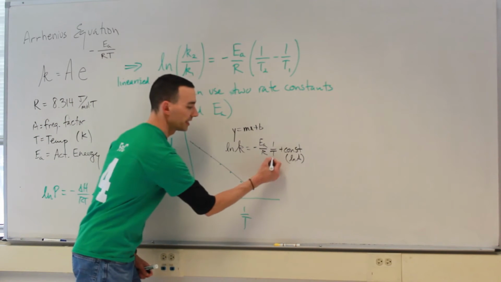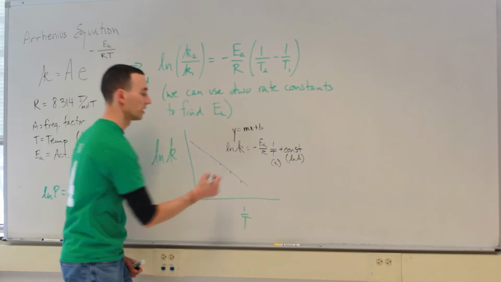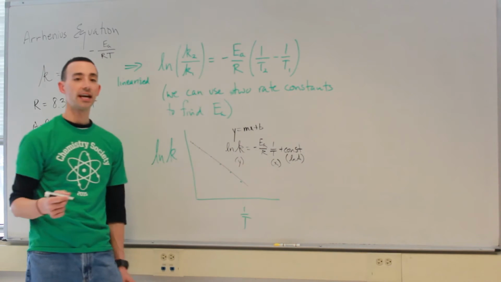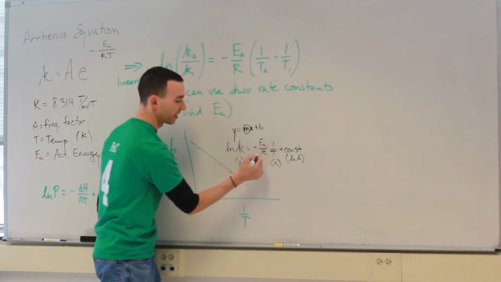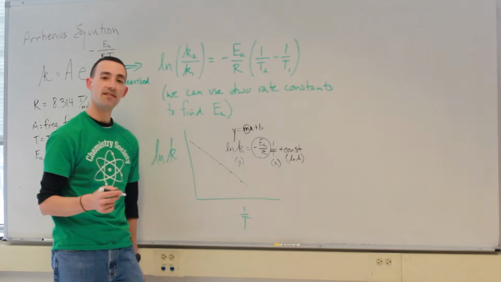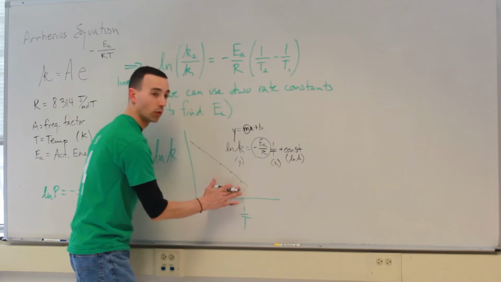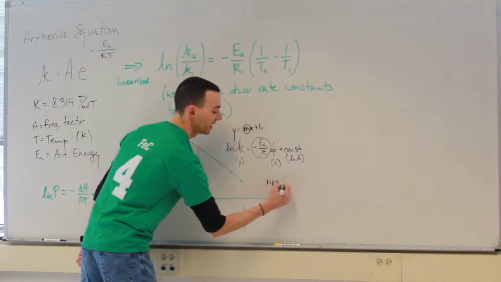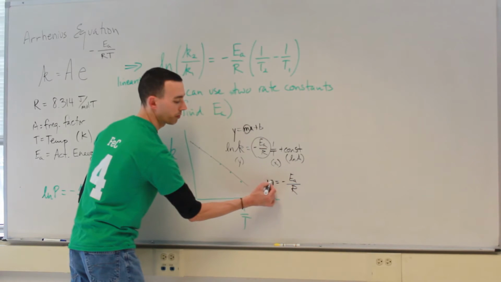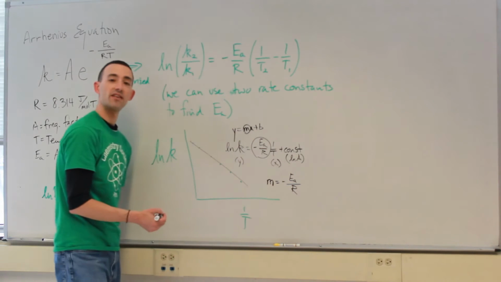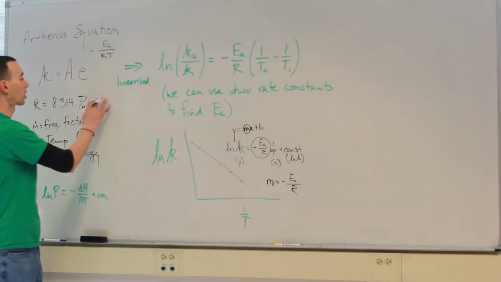But importantly, since x is our 1 over temperature values and y are the ln of k values, the slope of this line right here is negative E sub A over R. So if you have multiple data points, you would find the E sub A activation energy by taking the slope of your graph times negative R. And that would give you the activation energy in joules per mole.